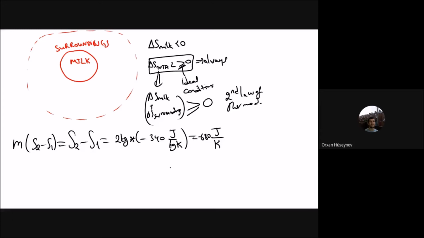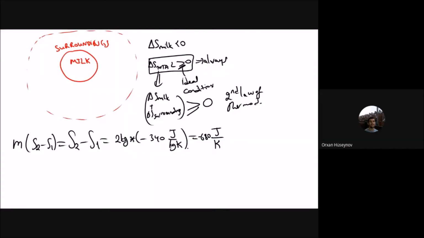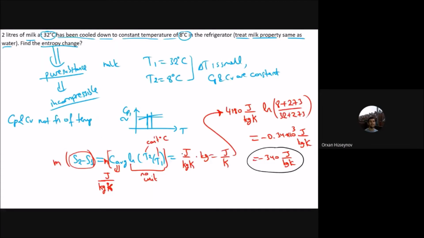This is the final result. We have found that the entropy change of the milk is -680 joules per Kelvin.